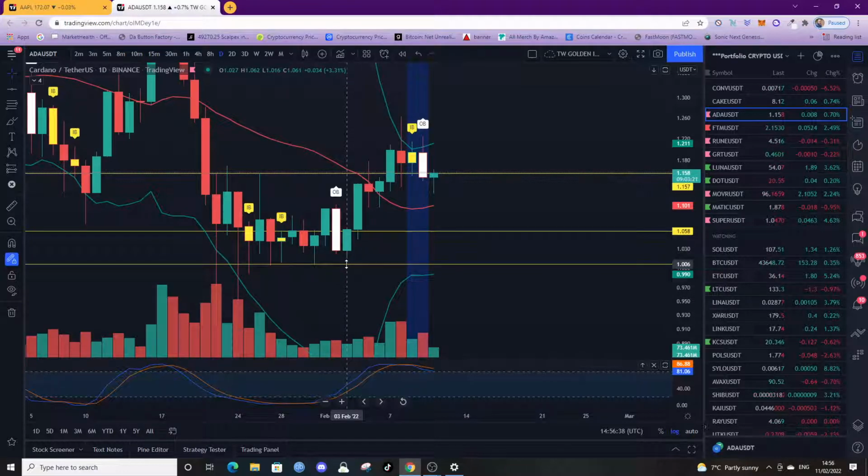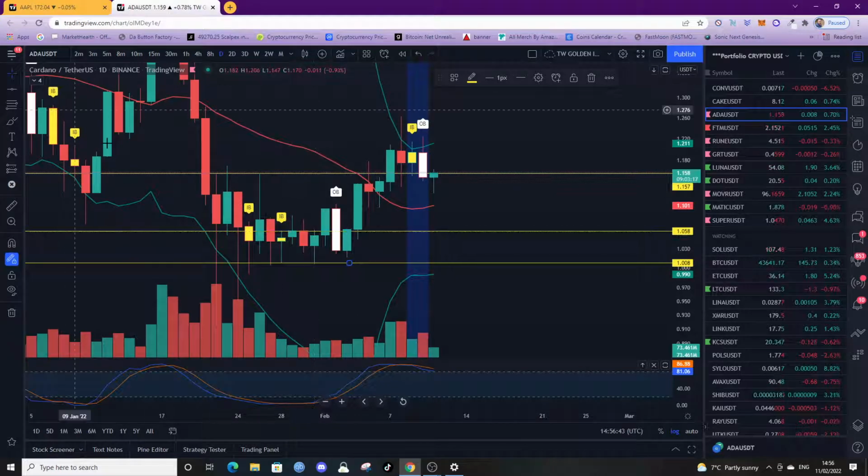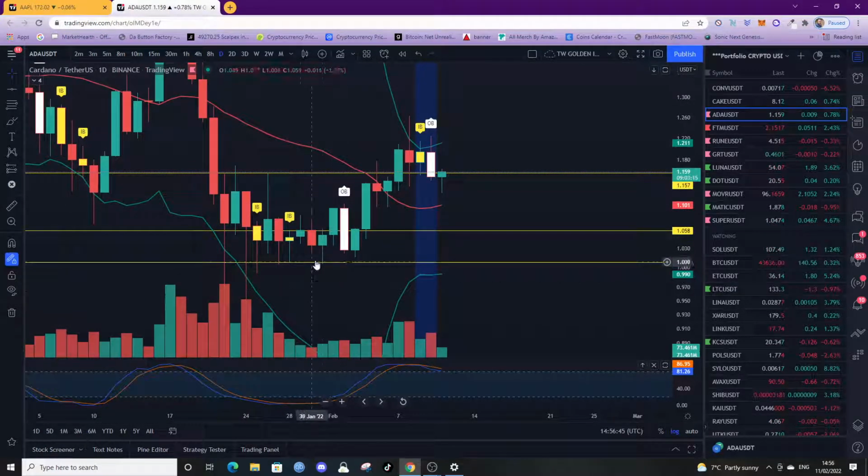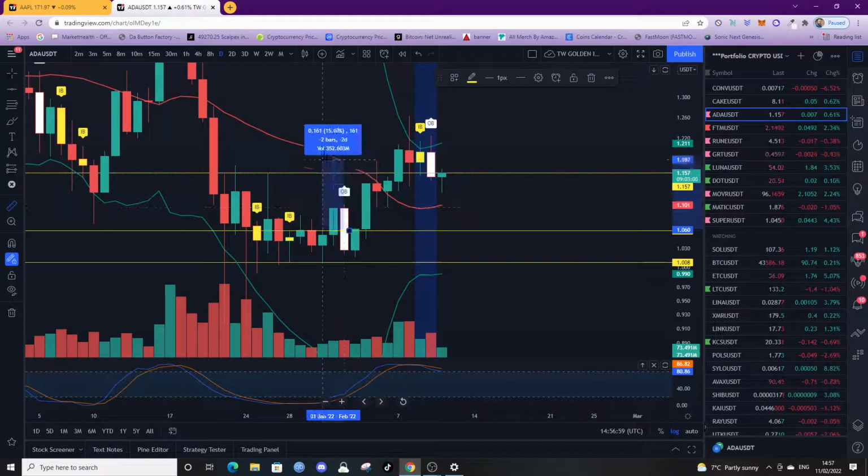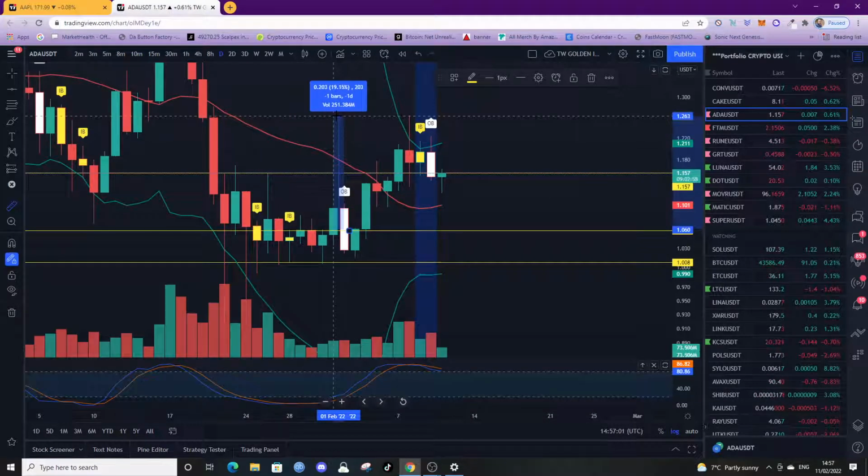So you played the margin on this one from this hammer here. Now, we never break a low, so let's just say your stop loss was at the bottom of this hammer and your buy was at the top. And let's say you caught it at the top, that's 20%.